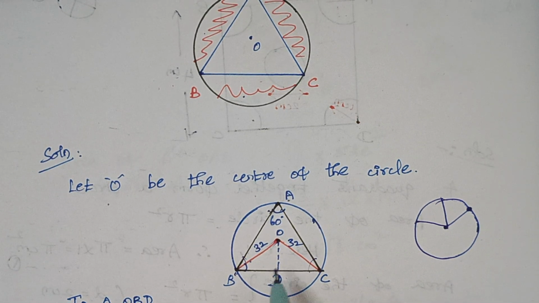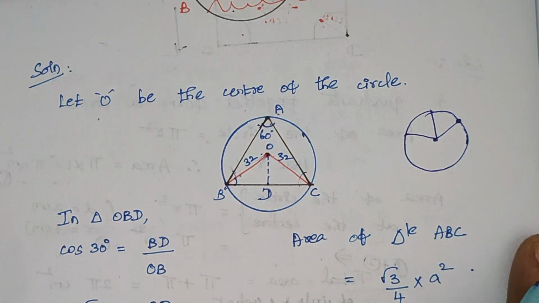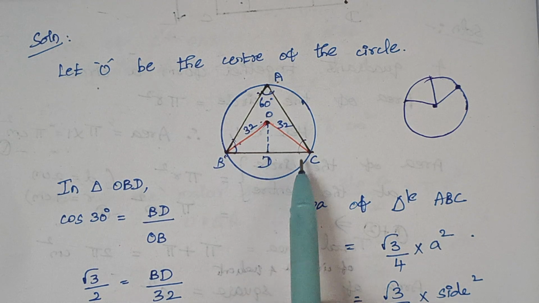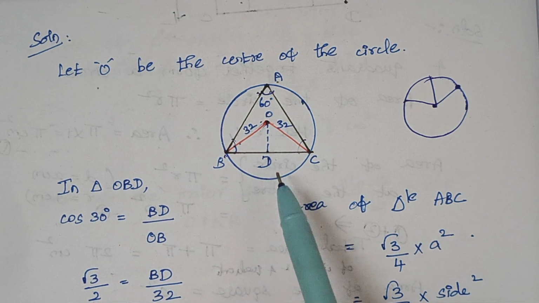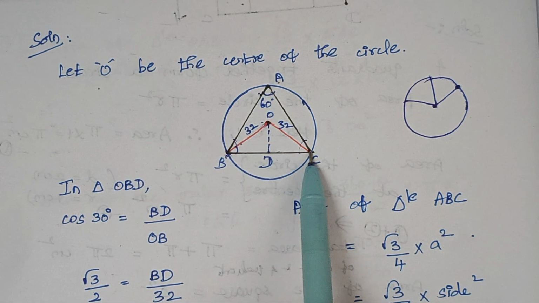Here we are constructing a line OD. Now we are going to consider the triangle OBD. I need to find the area of this part. I am initially starting by finding the side of the equilateral triangle.